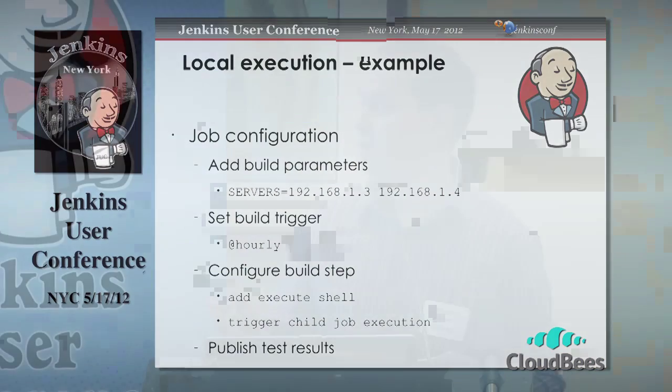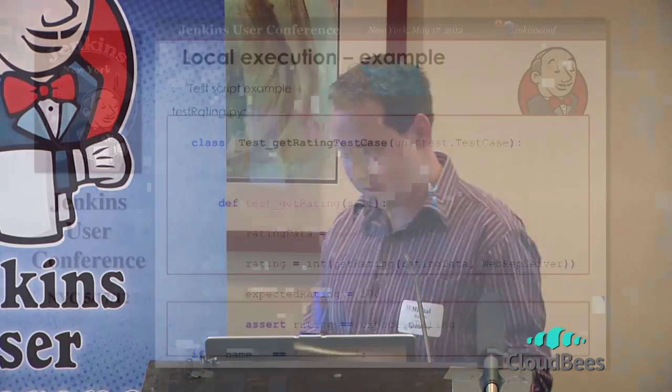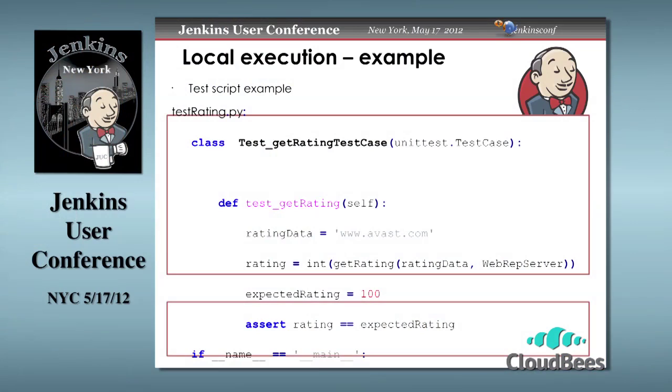So you see, if you are using Jenkins for building or for testing, it's very similar and almost the same. So I tell you, local execution means that all the tests are running from Jenkins itself. Nothing else is needed.